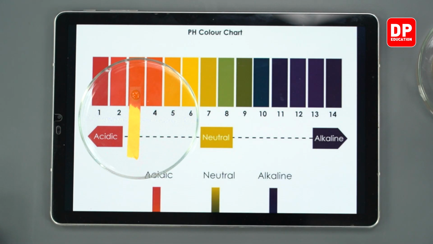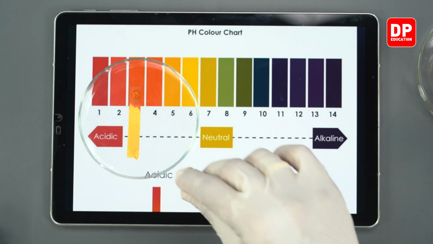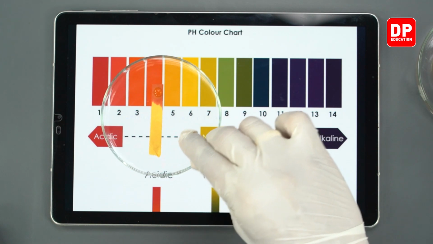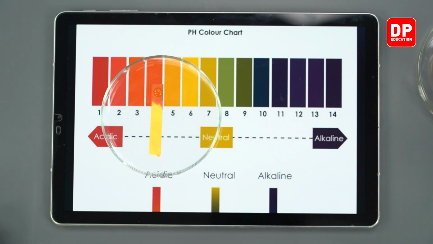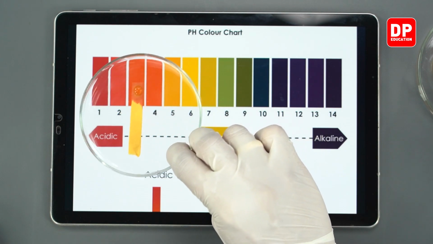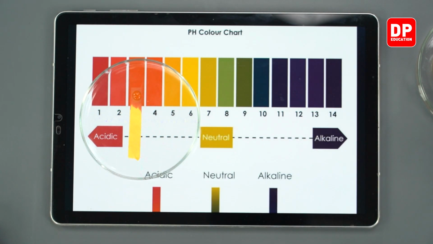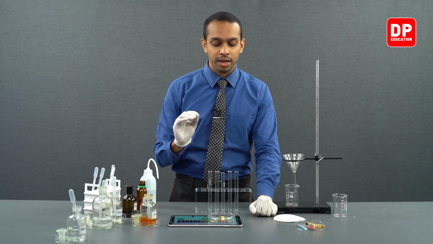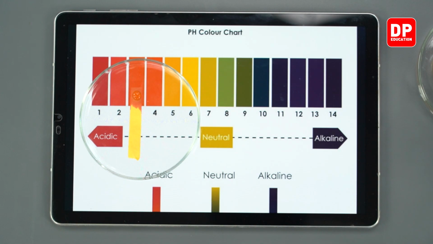It is very close to pH 3, and if you compare it against pH 4, you will see it is not very close to pH 4. So, this must have a pH of around 3. It does not perfectly align with the color, however, this color indicates it is very close to pH 3. That means the ferric chloride solution we have here has a pH of around 3.